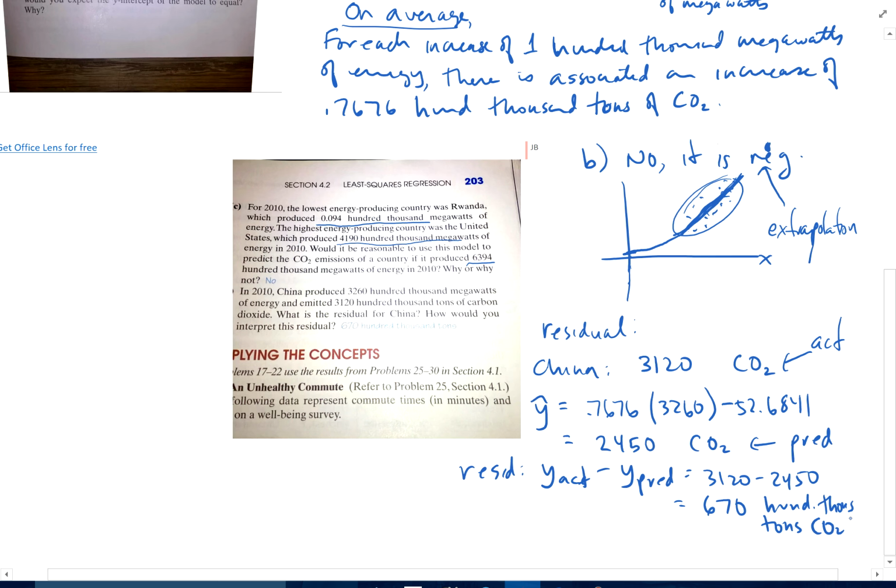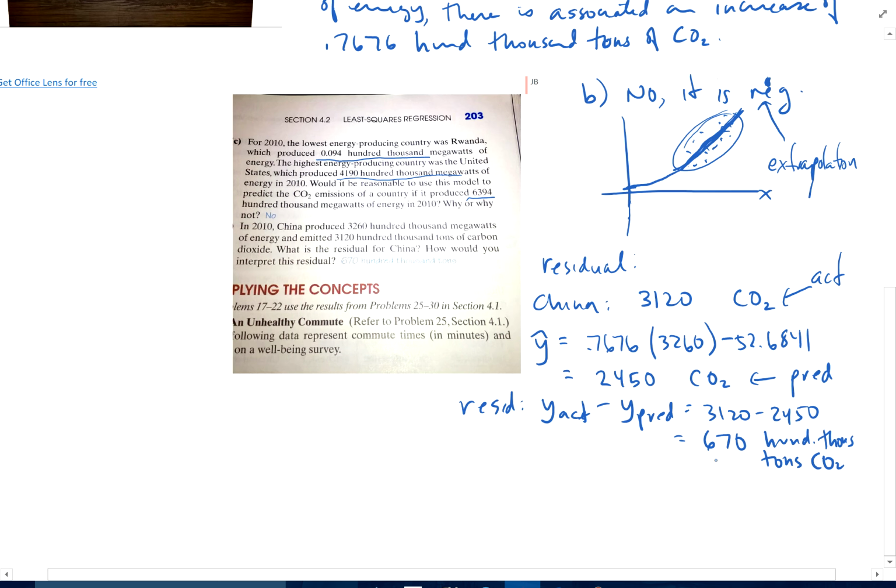So this is what they emit over what the model predicts. Okay, there we go.